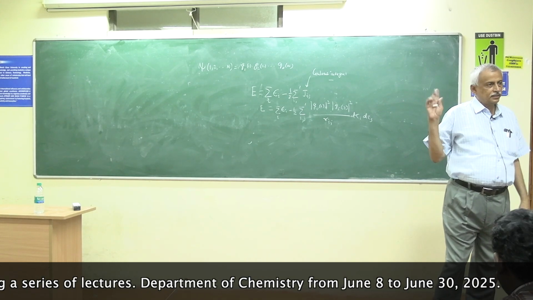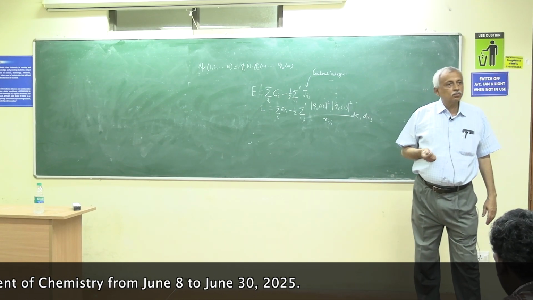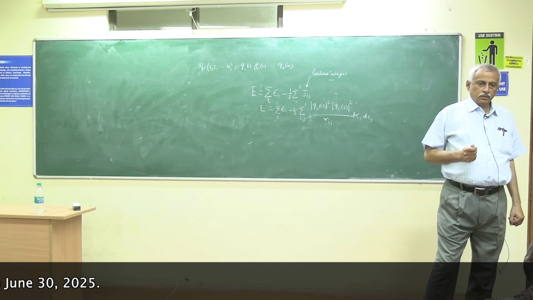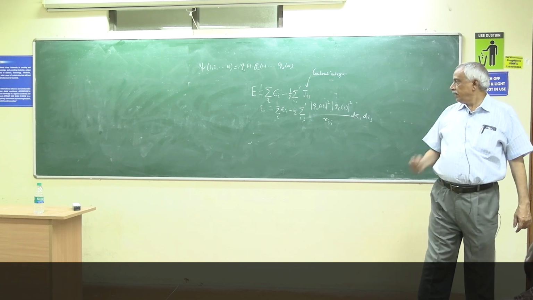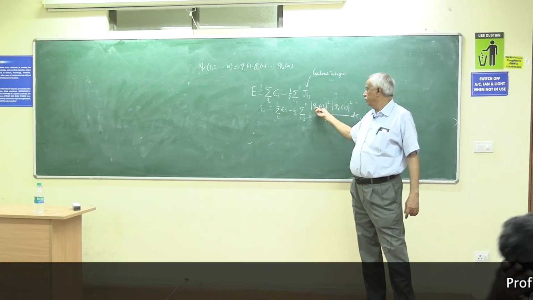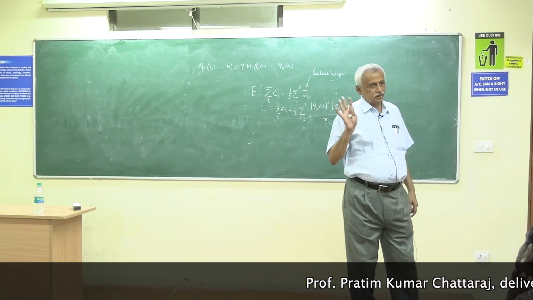That's why you have the half factor, which we have already explained. So now we have learned how to calculate the total energy also. You have to subtract this, because we have calculated it twice, so we subtract half of that.